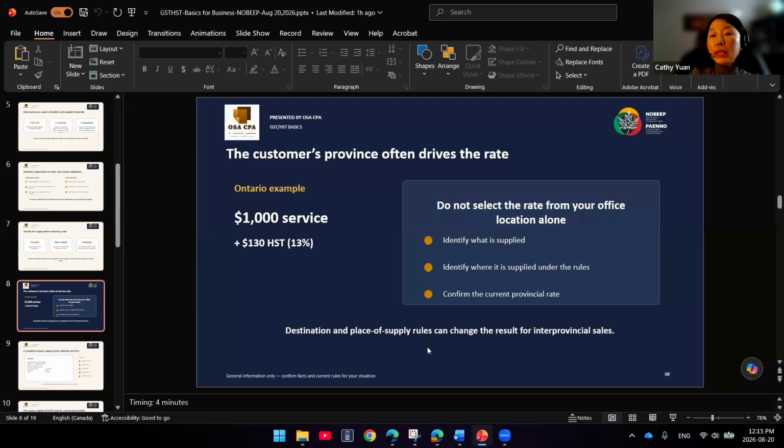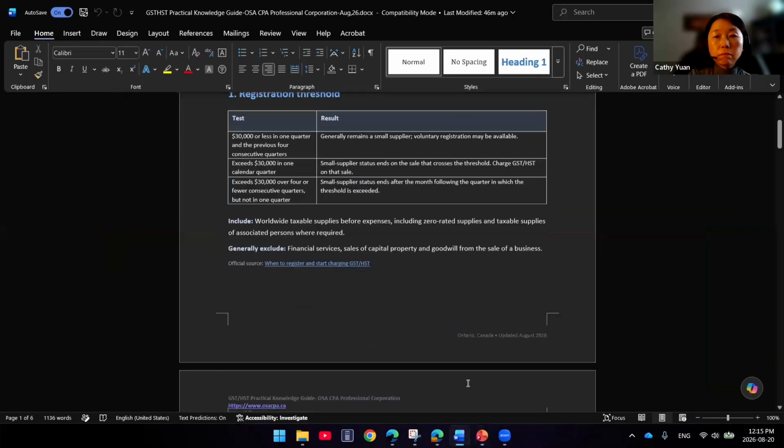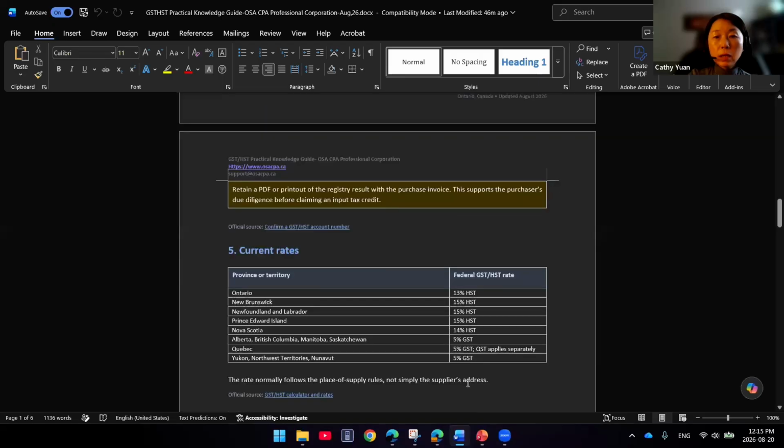For the rate, I know some businesses have their office in one location but operate in another province. We need to identify what is supplied and when it is supplied under the rule, and confirm the current province rate. Different provinces have different rates.